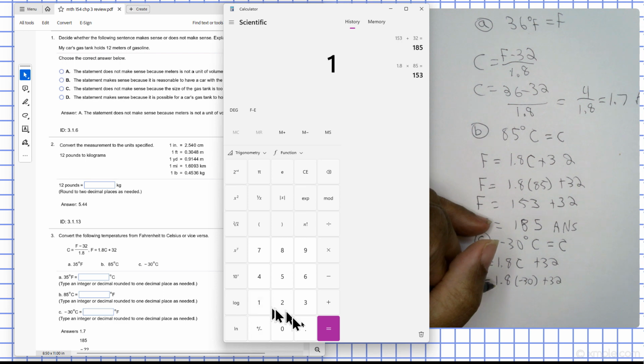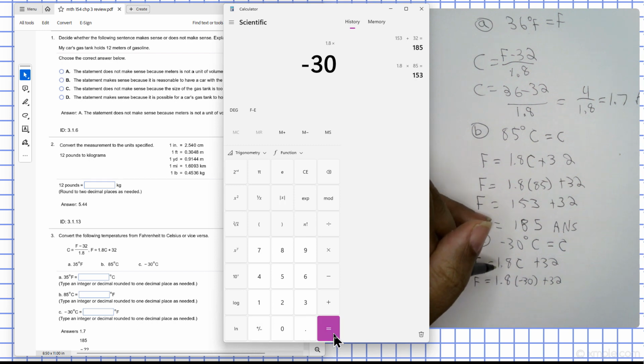1.8 times a negative 30 is a negative 54, plus 32 gives me a negative 22.